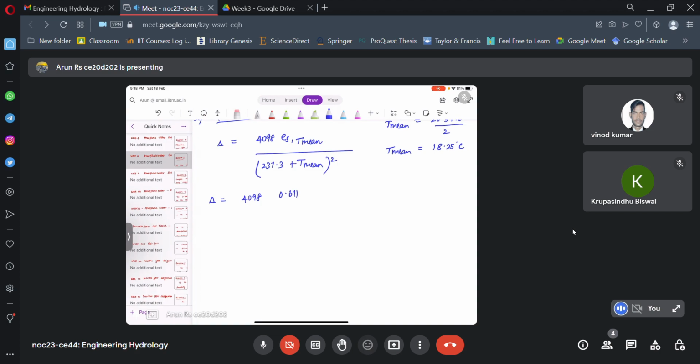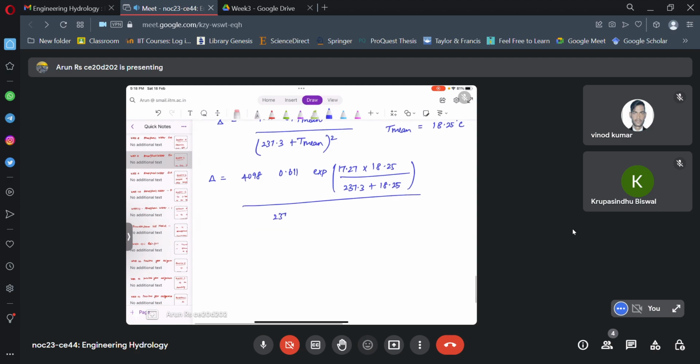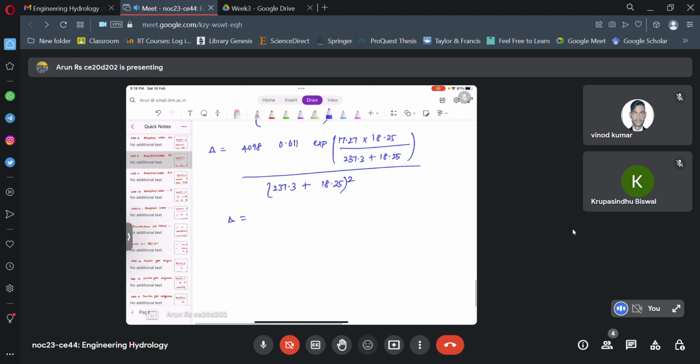This is the same expression. So this will give me 0.1316 kilopascals per degree centigrade.